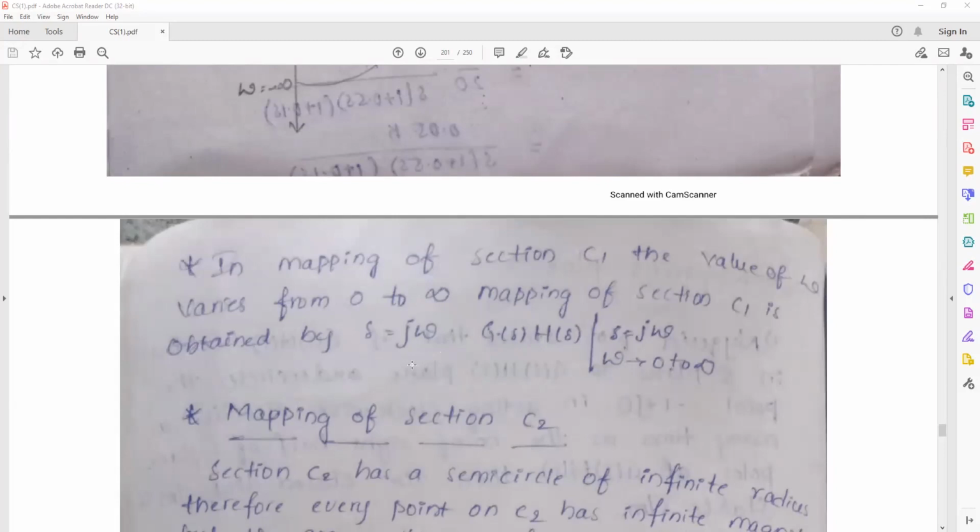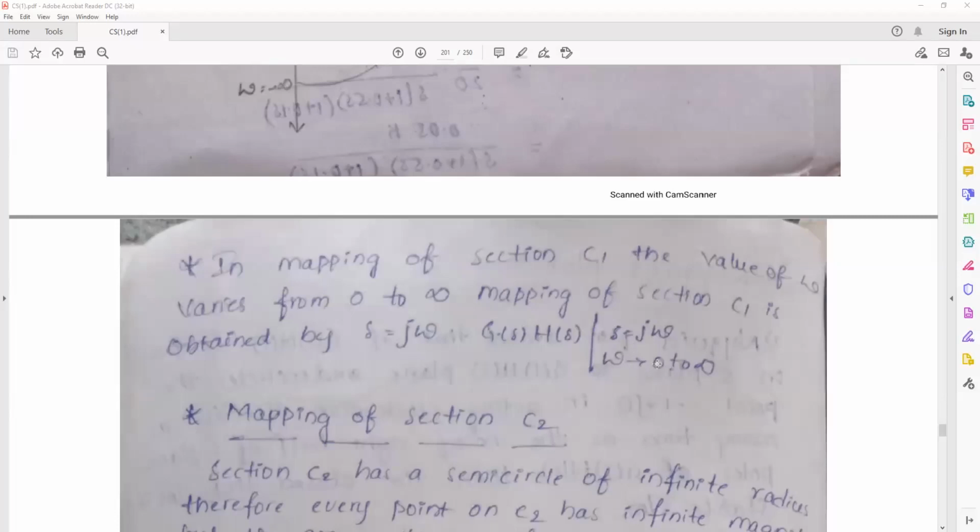Substitute S equal to j omega, and 1 plus S is taken from S. So we calculate the corner frequencies: 1 plus S, 1 plus j omega, the coefficient of j omega is 1 by the coefficient. So 1 plus S is taken as only S. The omega value is 0 to infinity.